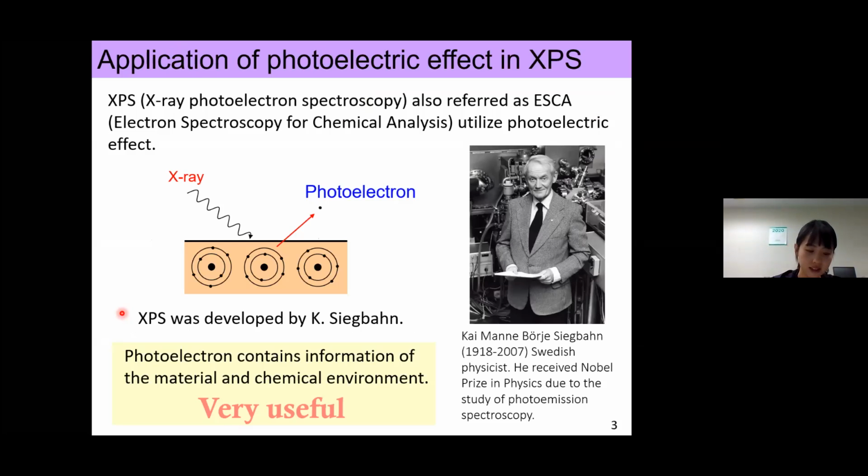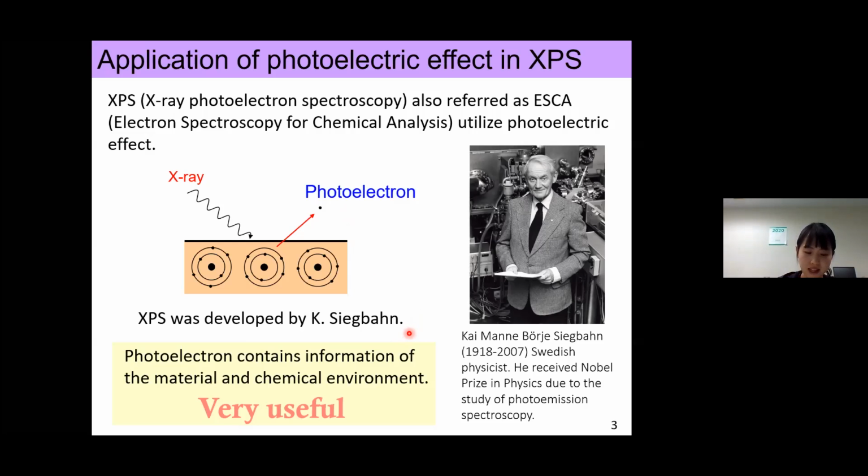X-ray photoelectron spectroscopy, XPS, utilizes the photoelectric effect, where X-ray gives energies to the core electrons. As a result, the core electron escapes from the atom as a photoelectron. XPS was developed by K. Siegbahn. Since the photoelectron contains information of the material and the chemical environment of the atom, XPS is considered a very useful technique.